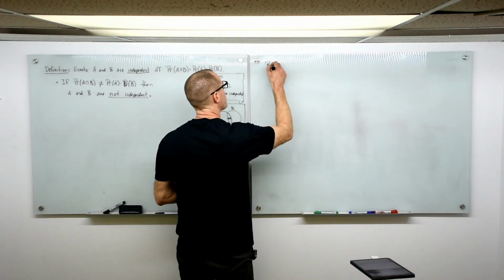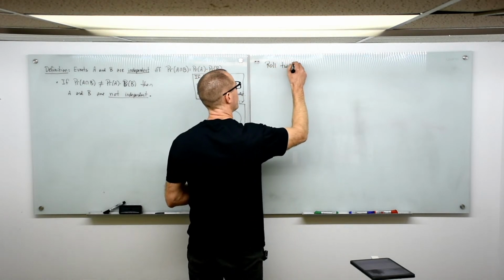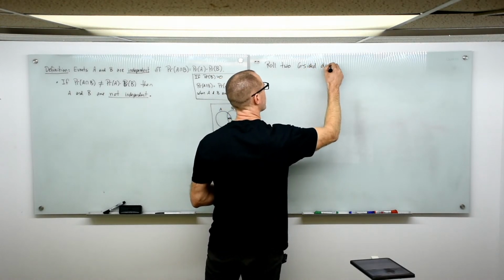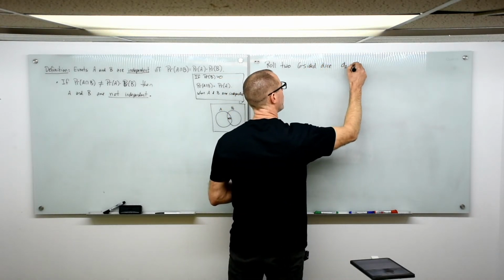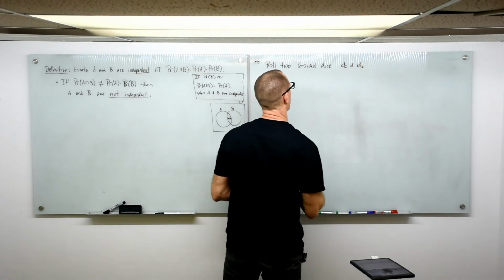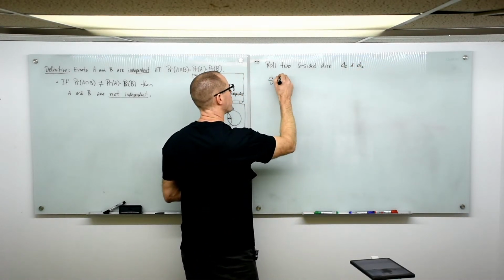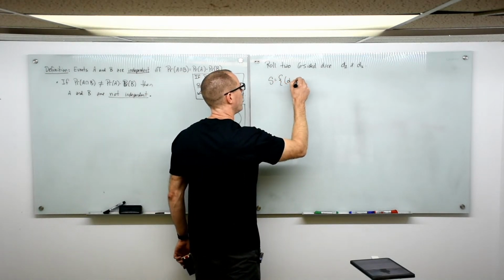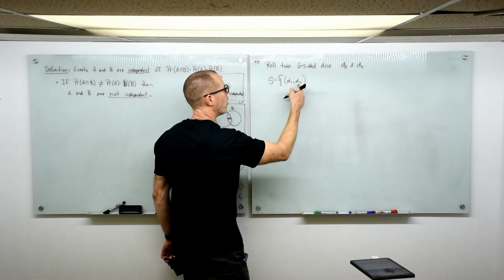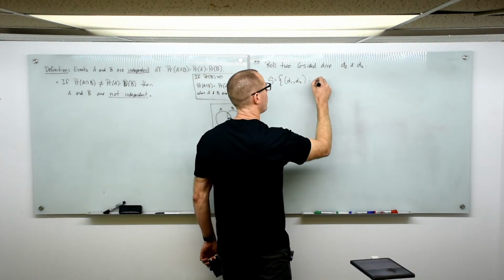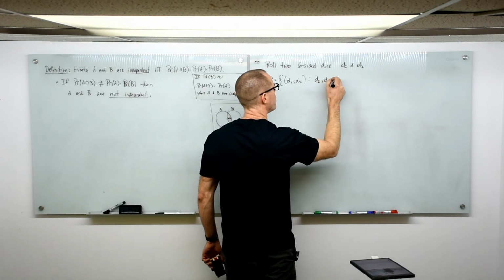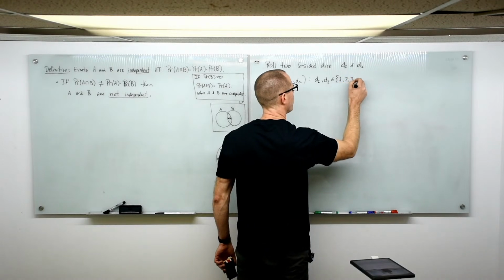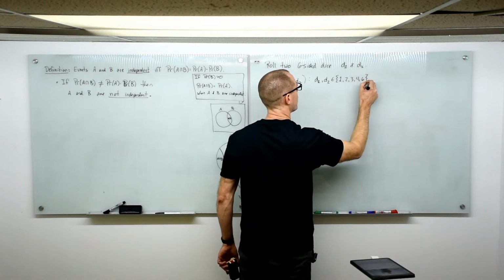So we roll 2 6-sided dice, D1 and D2. That gives us a probability space that we've defined before, which is an ordered pair (D1, D2), where D1 and D2 each take any of the integers 1, 2, 3, 4, 5, 6.